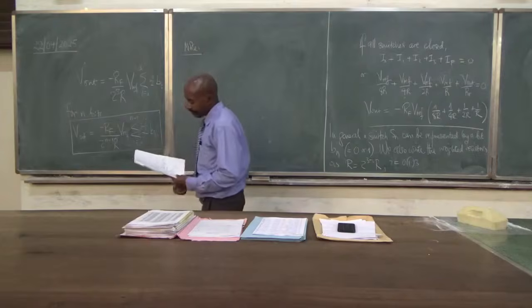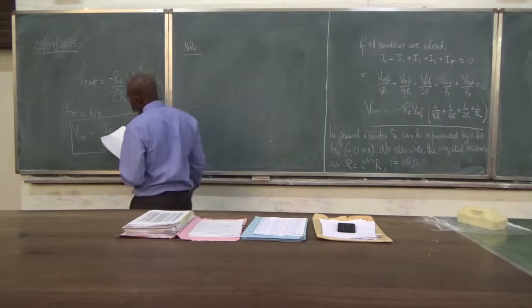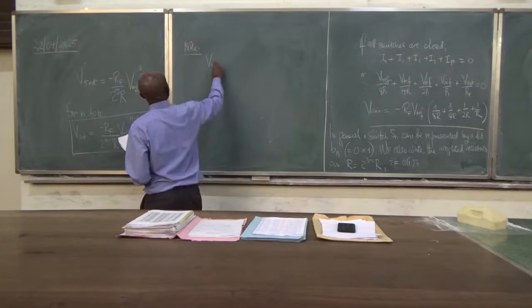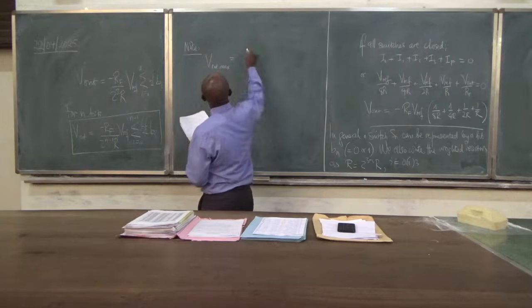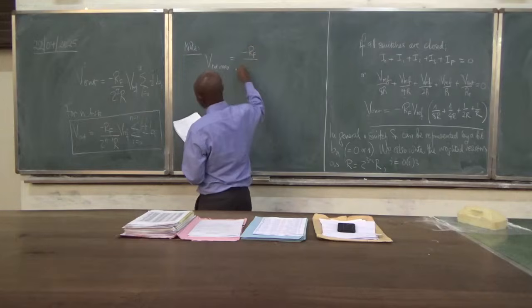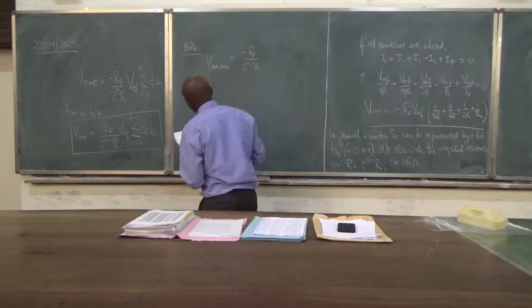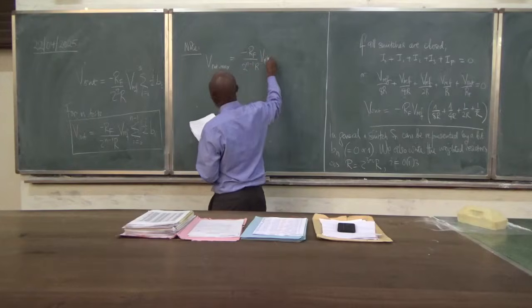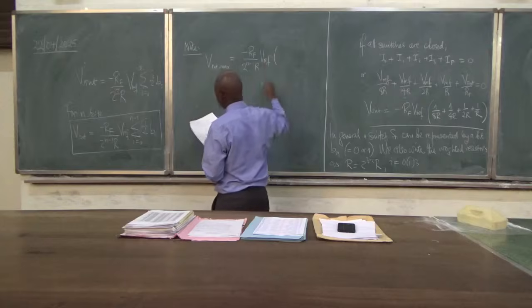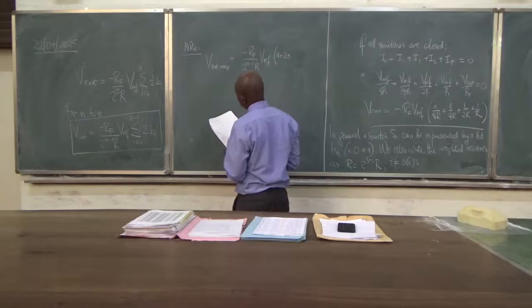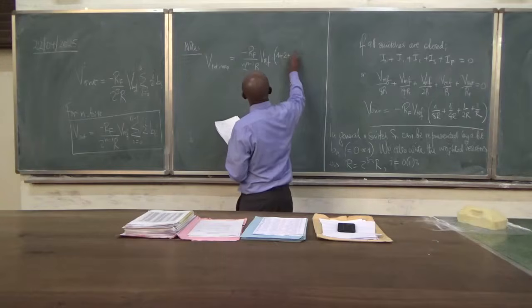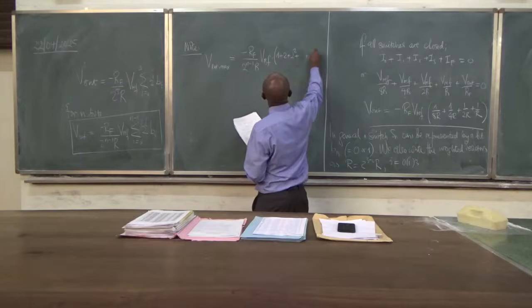Note that the maximum value of the output would be the same as minus RF over 2 to the n minus 1 R, V ref, into 1 plus 2 plus 2 to the power 2 up to 2 to the power n minus 1.